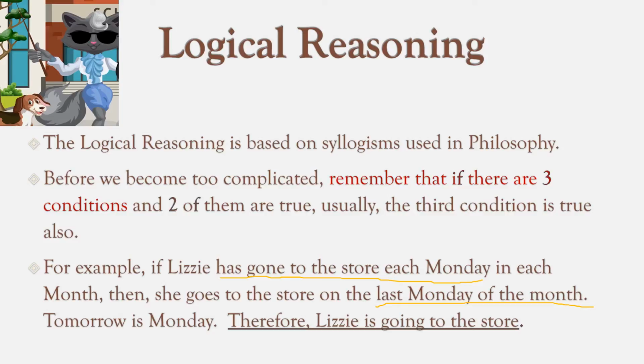Logically speaking, that makes sense, and our key word here in each sentence is Monday. This condition, she's gone to the store each Monday of the month, we accept as true. Then she goes to the store on the last Monday of the month, we accept that to be true. Tomorrow is Monday, therefore Lizzie is going to the store. We can make that deduction.